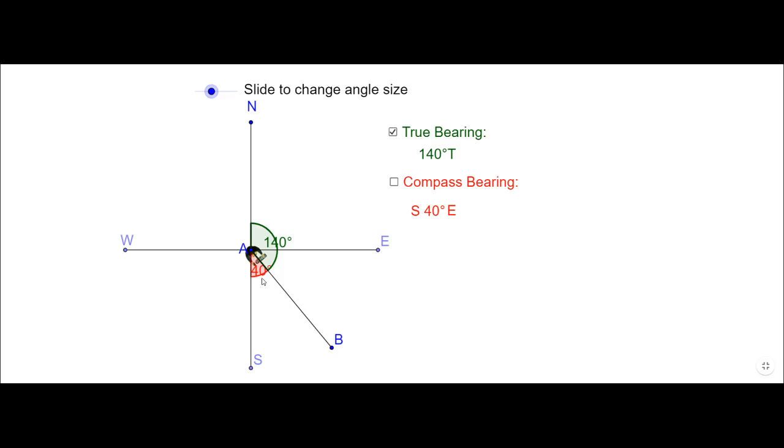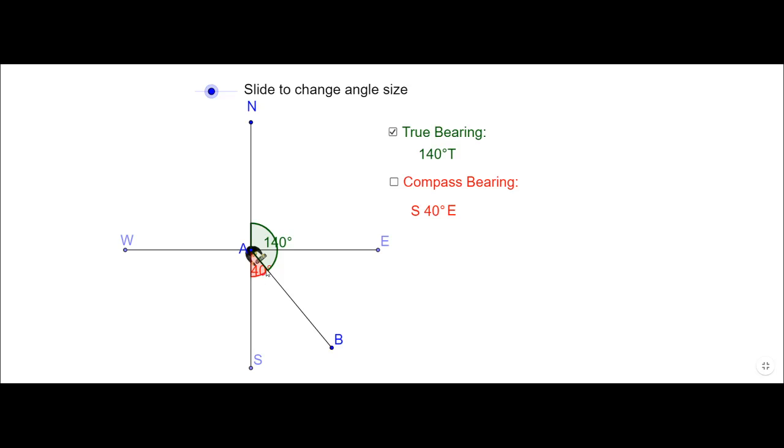Now, you realize here our compass bearing will be south 40 degrees east, because it's towards the east, and the true bearing is 140 degrees.